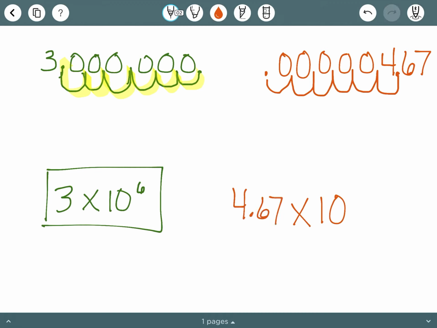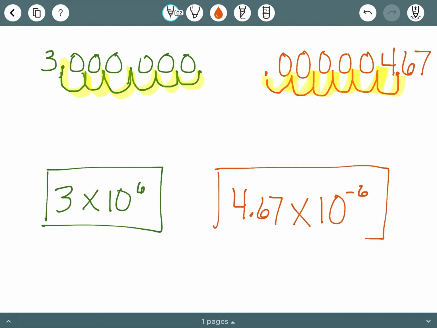All right, here's the thing with this one. When we move the decimal to the right, and in this case we moved it 1, 2, 3, 4, 5. Oh, we moved it 6 places here as well. Now here's the difference. When we move the decimal to the right, we get a negative exponent. So it's 10 to the negative 6.